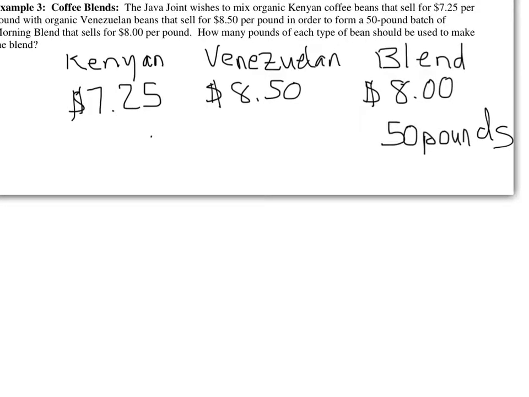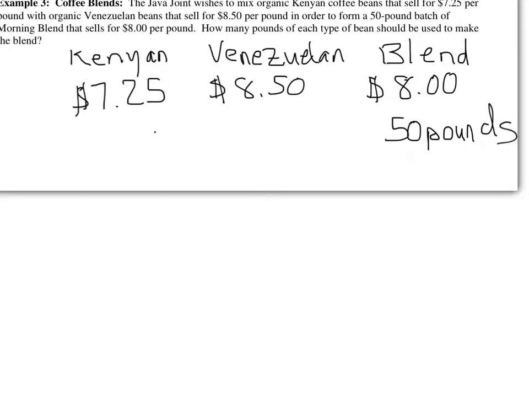All right, how many pounds of each type of bean should we use? So let's use K for Kenyan and V for Venezuelan. And we know that if we take the pounds of Kenyan plus the pounds of Venezuelan, we'll get the morning blend, we'll get 50 pounds of it. How about money? We're going to spend some money buying the Kenyan blend.